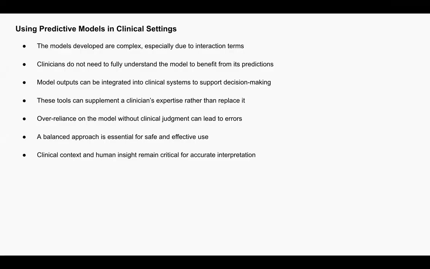And these tools can supplement a clinician's expertise rather than replacing it. And I do believe that overreliance on these types of models can get in the way of clinical judgment and lead to medical errors, which are not safe to use with real life patients. We can see this as a balanced approach, which is essential for safe and effective use.